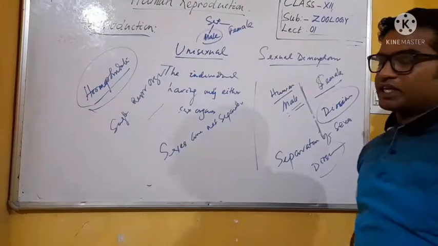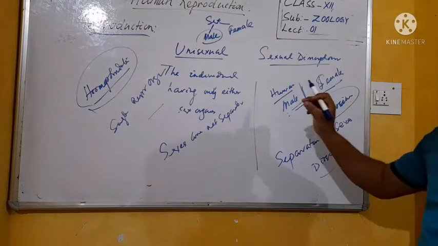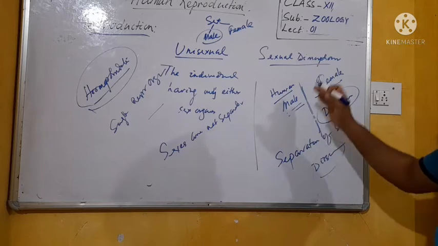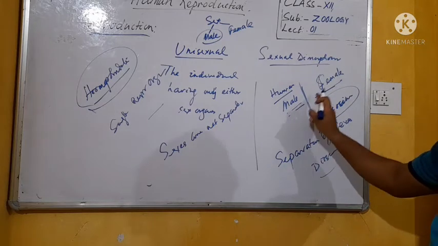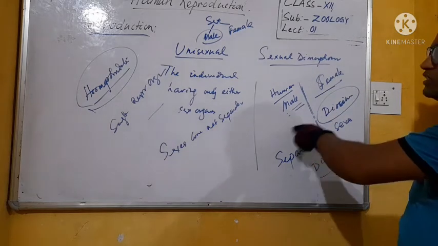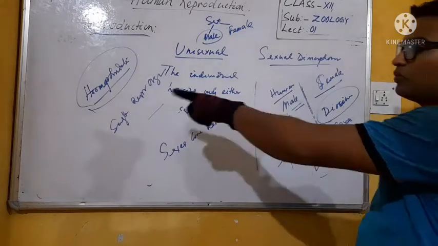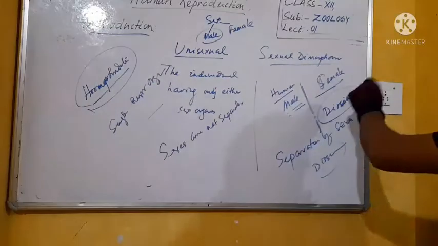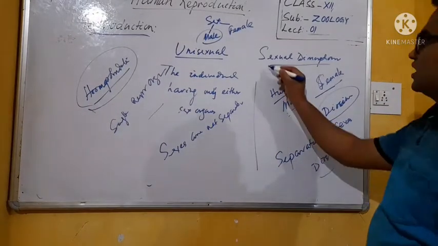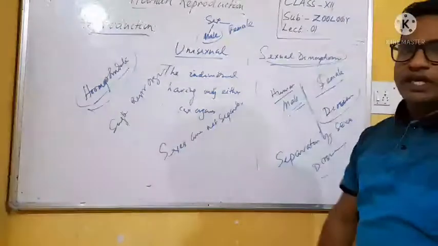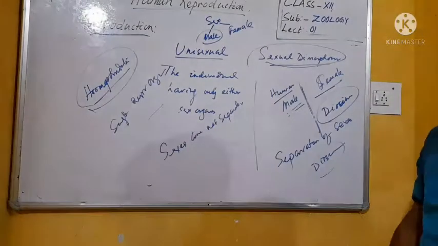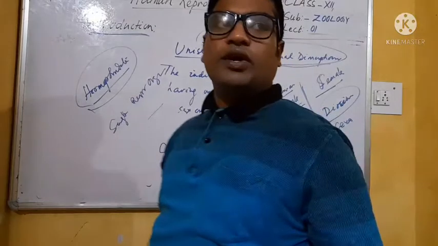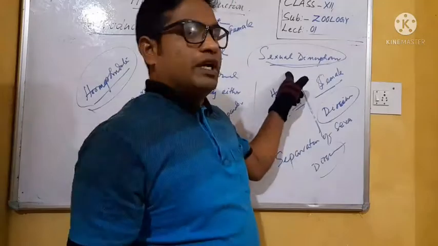In human cases, the reproductive organs are different in male and female, so this is not regarded as hermaphrodite. These are known as dioecious or sexual dimorphism. Human beings are referred to as sexual dimorphism.